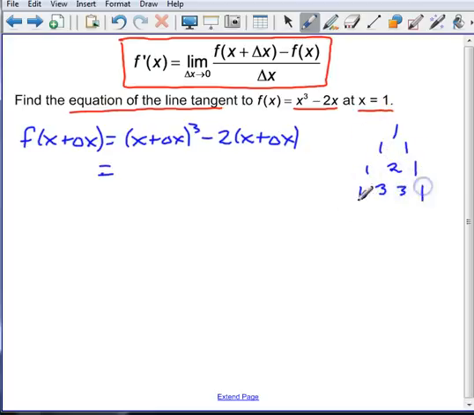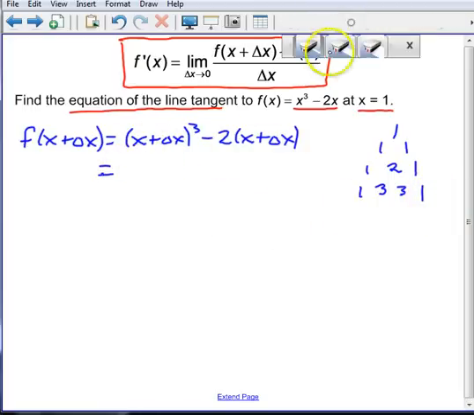These numbers 1, 3, 3, 1 are going to be the coefficients of this binomial expansion.